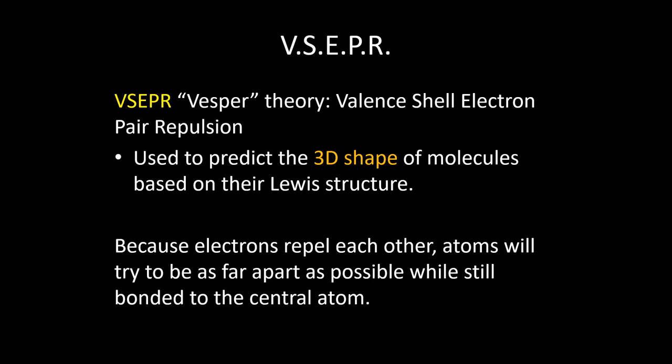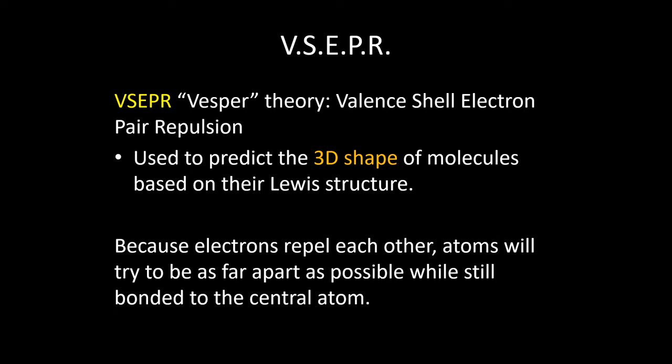The basic idea behind VSEPR, and it's not really an idea, it's the fact, is that electrons don't really like each other. Electrons have similar charges, like charges repel, and so groups of electrons on an atom will get as far away from each other as possible.